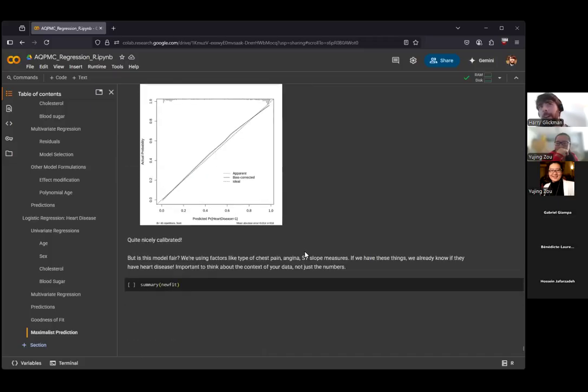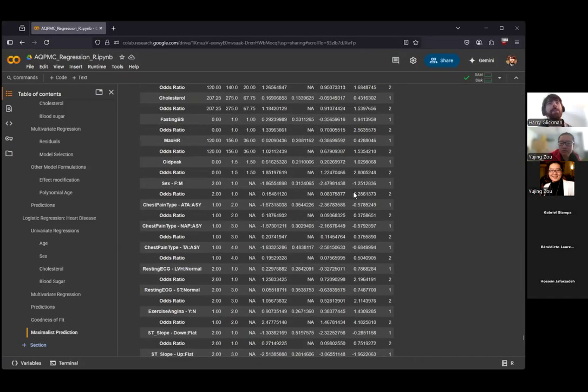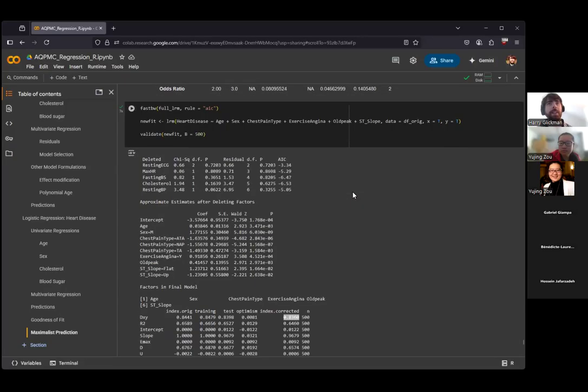But is it fair? No, it's not fair, because we're using things like chest pain, angina, EKG measurements. And if you have these things in your data sets, then you know if they have heart disease or not, right? You don't need to be making this prediction. So just think a little bit about what your variables are and what they mean and whether they would be clinically useful.